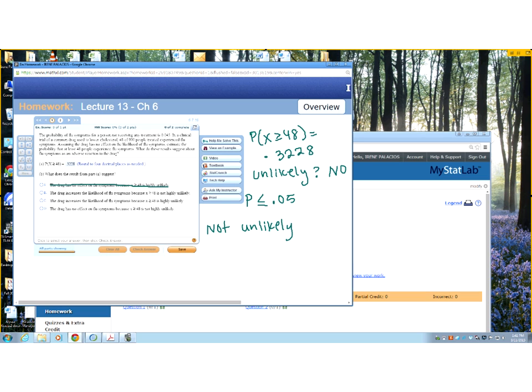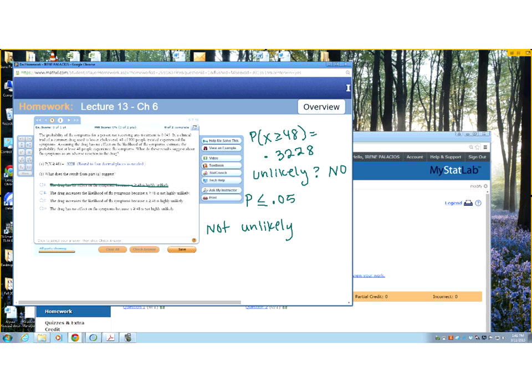Part B says the drug increases the likelihood of flu symptoms. Well, what we're saying here is that the probability of getting the flu is not unlikely, so it can happen. It's not a rare event.